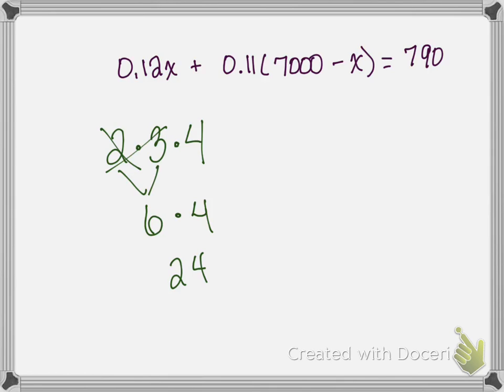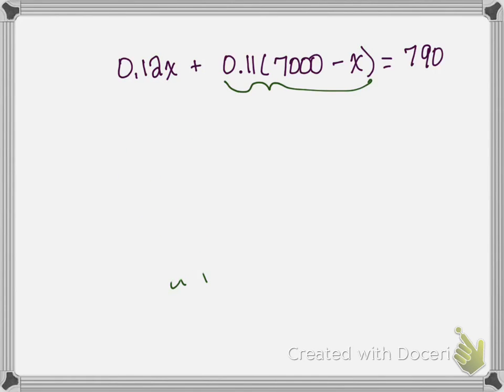Because where students mess up is this right here. This 1100ths times 7,000 minus x. That's where students get confused. And what I want you to think about right now, as we move through this problem, is I want you to think about this 7,000 minus x the same way we thought about that 4.